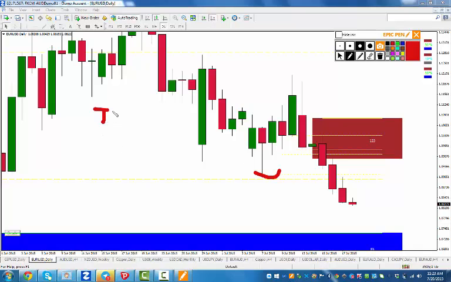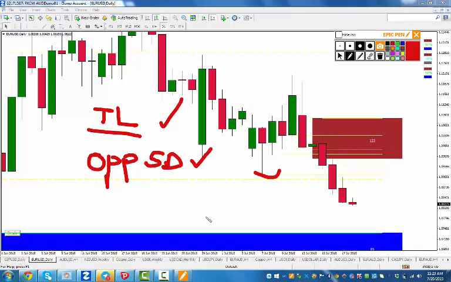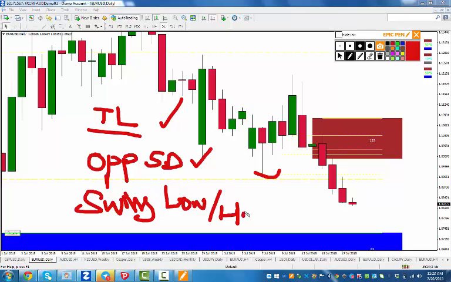Now, the validation rule says that the supply demand is validated when the trend line is removed. If the supply removed the trend line, it is validated. A supply demand is also validated when the opposing supply demand is being removed. Supply demand is validated if it removes the swing low or swing high.